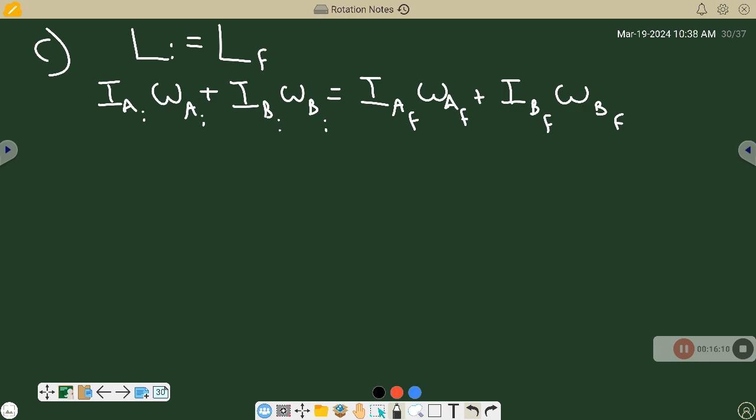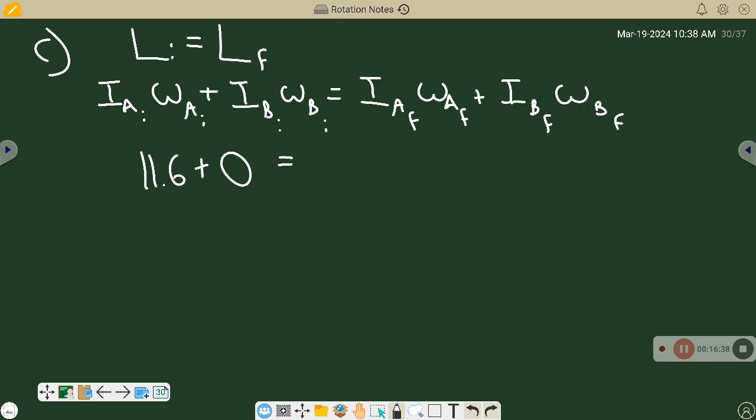So it's the initial momentum of object A plus the initial momentum of object B equals the final momentum of object B plus the final momentum of object A. We know the initial momentum of object A is 11.6. The initial momentum of object B is 0 because it is not spinning, so it has no angular momentum.